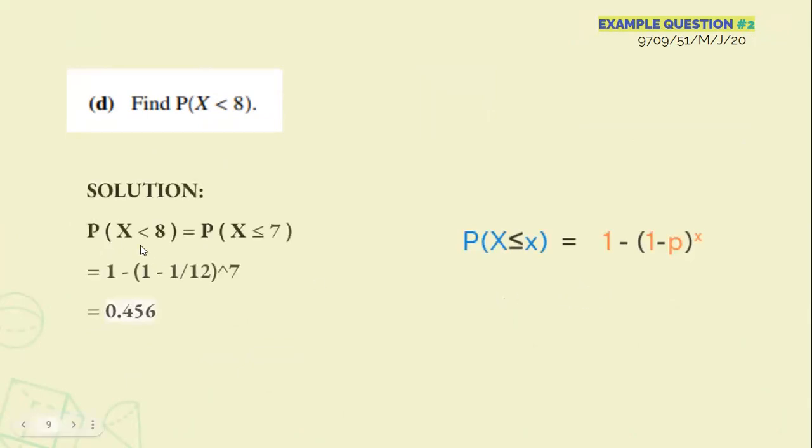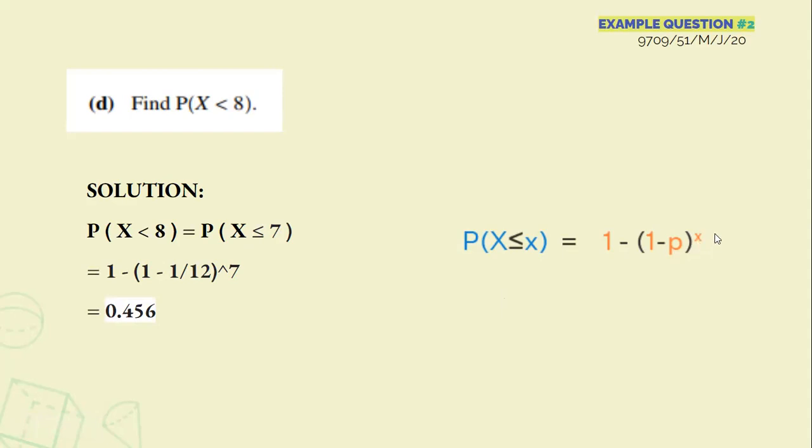Last part, we are asked to find the probability of X less than 8, which means 7, 6, 5, 4, 3, 2, and so on. So we can write this as X less than or equal to 7, as it basically means the same thing, and input it into our third formula that we learned today, which is the probability that X is less than or equal to 7. We input this into the formula, 1 minus (1 minus probability, which is 1 over 12) to the power of 7.